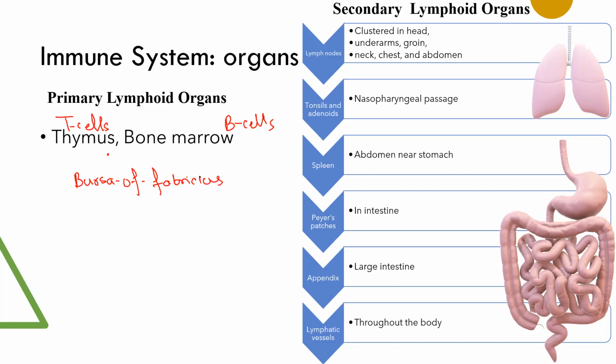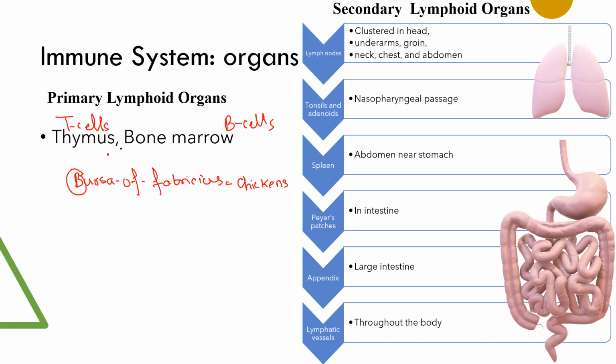B cells were first discovered in bursa of Fabricius, and therefore the B is coming from the bursa of Fabricius, okay? Not bone marrow. Although B cells are maturing in bone marrow, they were first discovered in bursa of Fabricius, that is present in birds, especially in chickens.